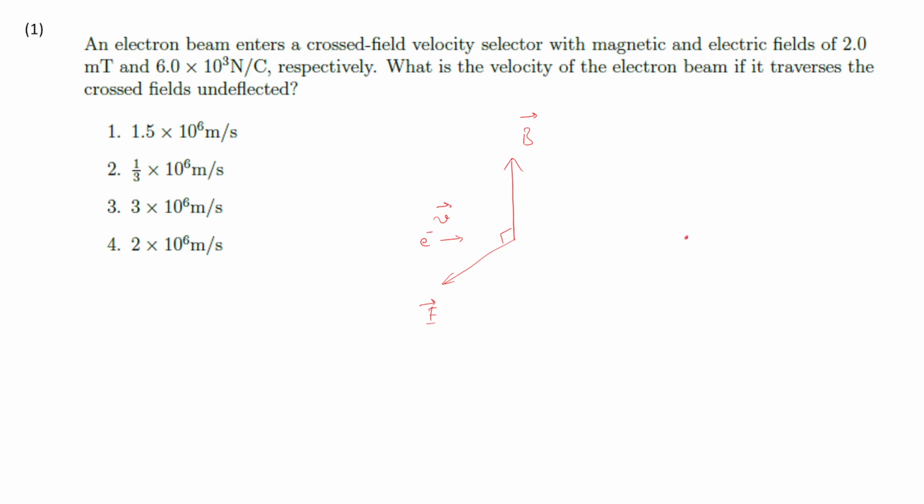Due to the magnetic field, it is q v cross B. If you use this formula, the Lorentz force is F equal to minus e times v cross B. So here if you do v cross B, v is along this direction, and the magnetic field is along this direction. So what you get is the force due to the magnetic field will be along this direction.